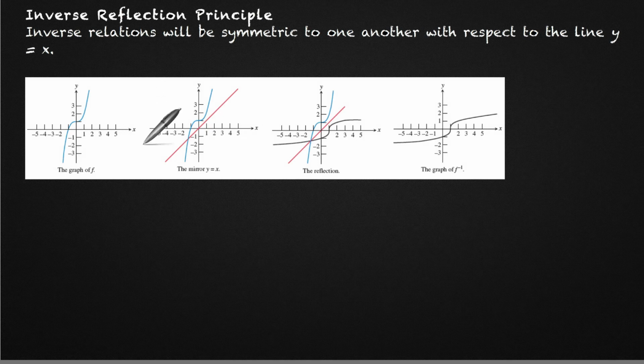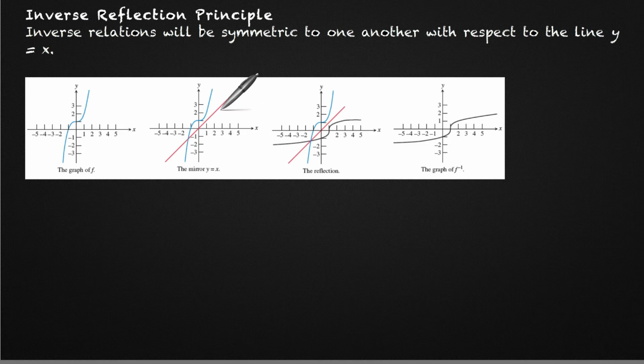Next, we want to learn how to sketch inverses if we are given an original function. So the process is called the inverse reflection principle. And basically the idea is that if you have a regular function, f of x, the original function, there should be perfect symmetry between that function and its inverse about the line y equals x.